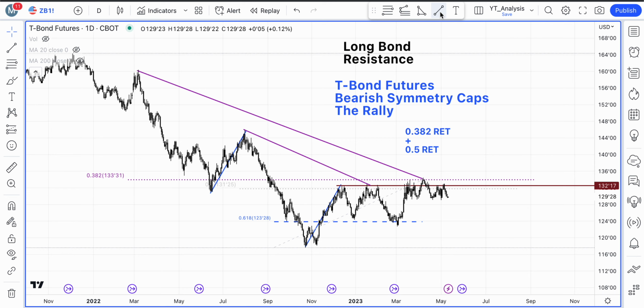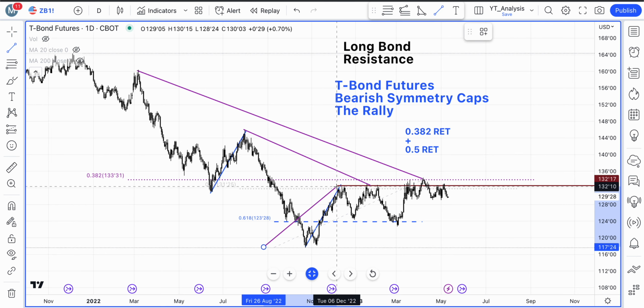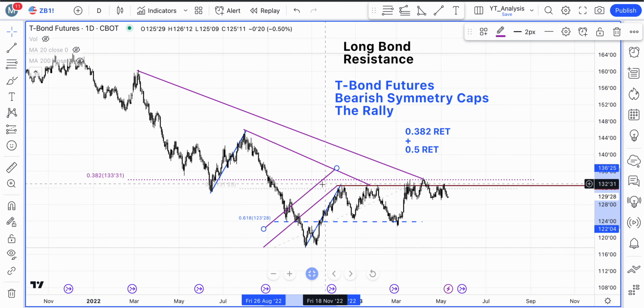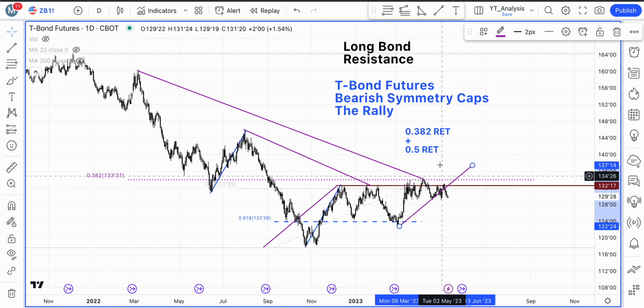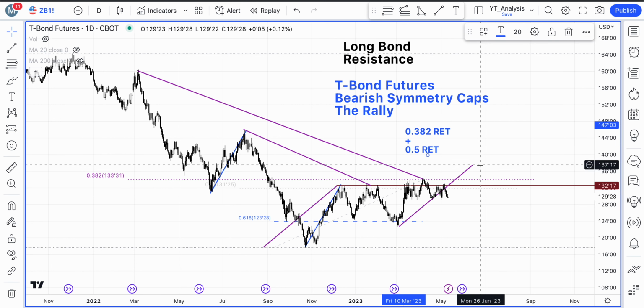There was a possibility that this might actually be an ABCD formation, which could see a correction, and in fact the price moving higher to about 137 to 138 level.